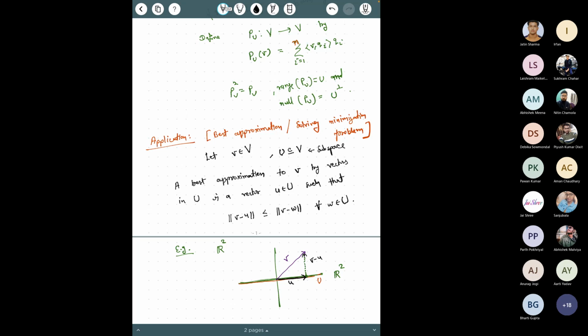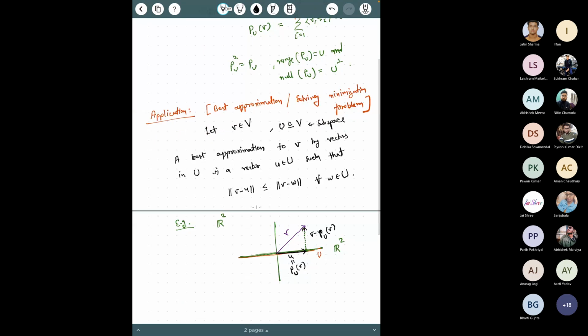So this U is basically the orthogonal projection of V on the subspace U, that is P_U V. So now you know how to find this orthogonal projection.